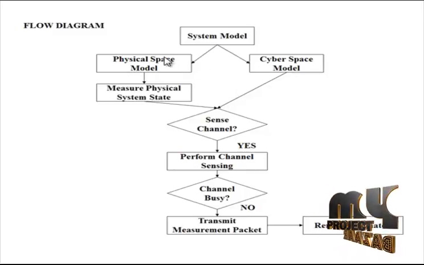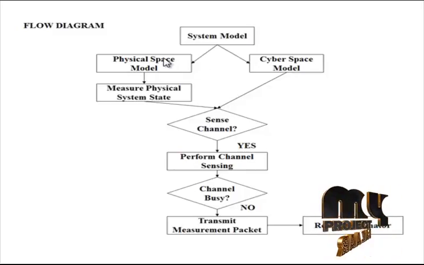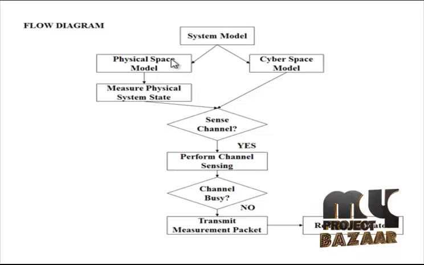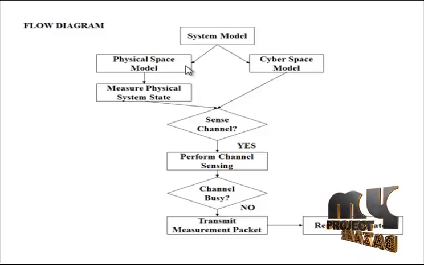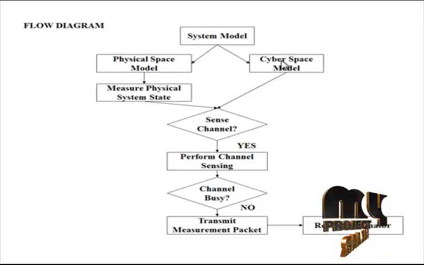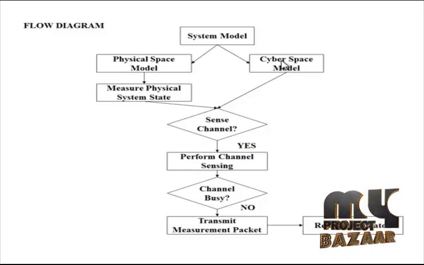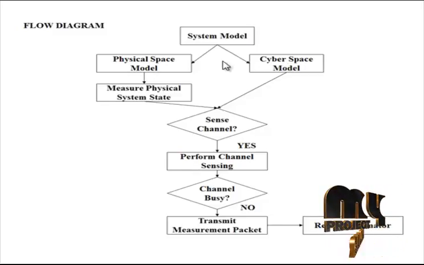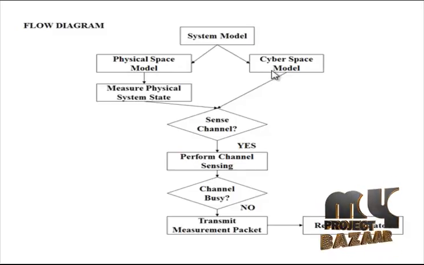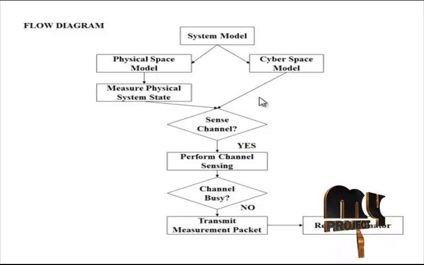Initially, design the physical space within the sensor sampling period. It is based on the sensor state in a dynamic system, and also generates the cyberspace model, which is based on the sensor sampling period. For the channel under consideration, its bandwidth W is equal to 2 MHz and the noise power is 1 milliwatt.